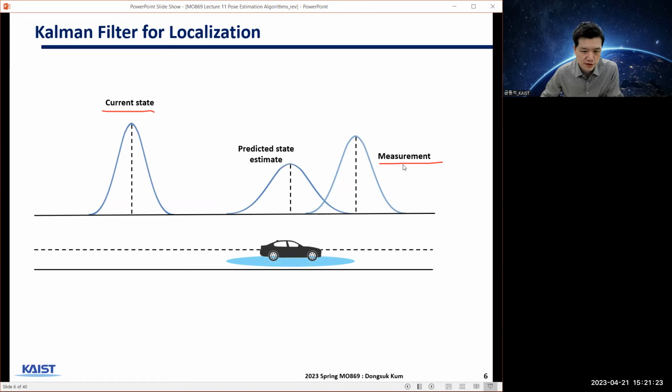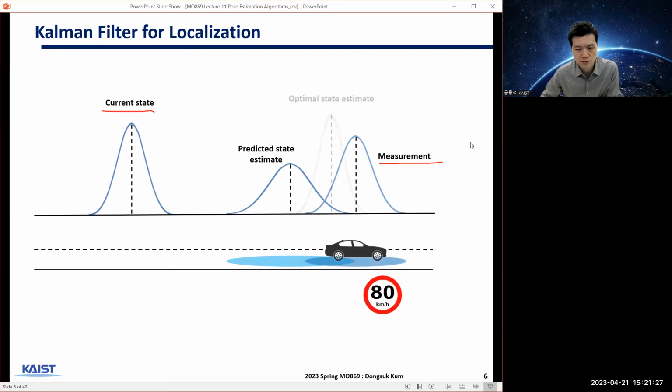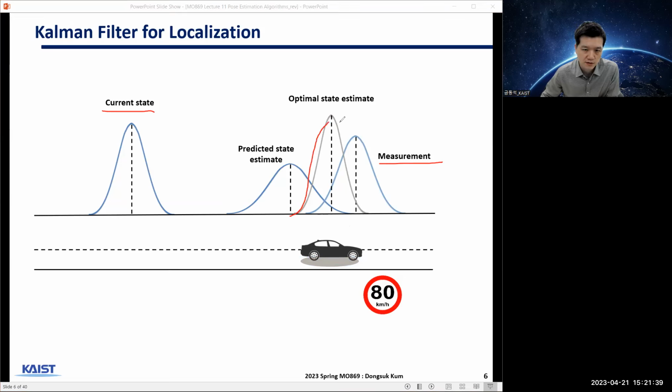And then using the measurement, we are going to correct the distribution. So the estimated state distribution is going to be something like this. Okay. So this is illustration of that principle, Kalman filter principle.